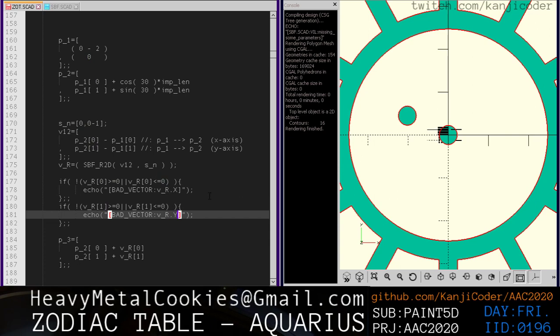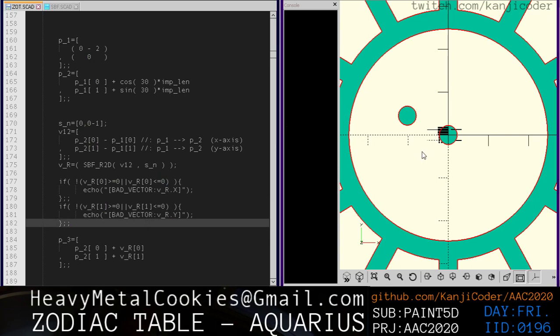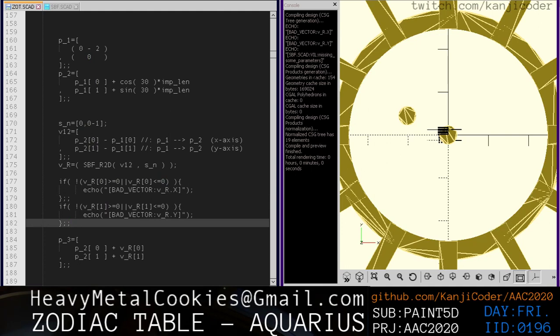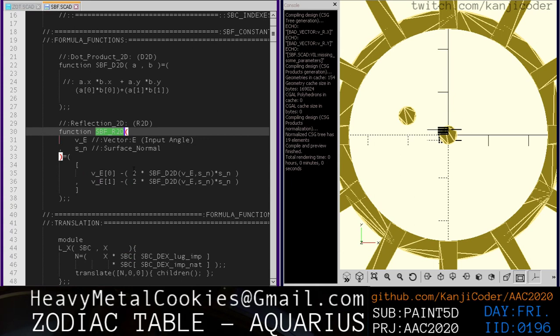VR.x, and this is VR.y, right? Okay, so let's take a look at that and see if maybe we get a little message in here. Bad vector VRX, bad vector VRY. So this VR is totally screwing us over, right? It's like, oh, you think you want to do this stuff? Screw you, right? And so the question is why? Why is that the case?